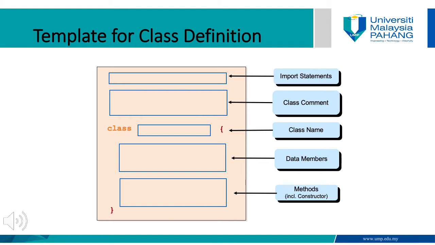So put in class comments to make your life easier. And then the class name. The class name, normally we put a name that is related to the application that we're trying to develop. Then the data members, and then the methods, including the constructor.